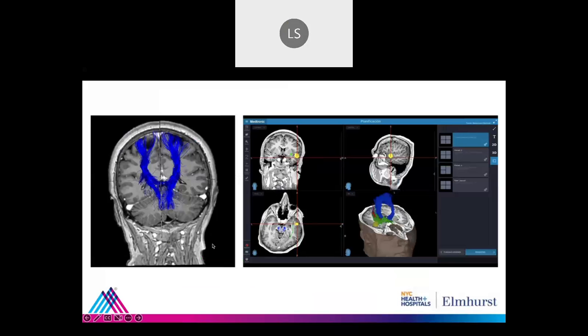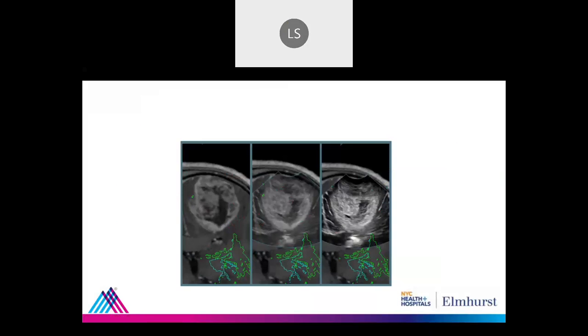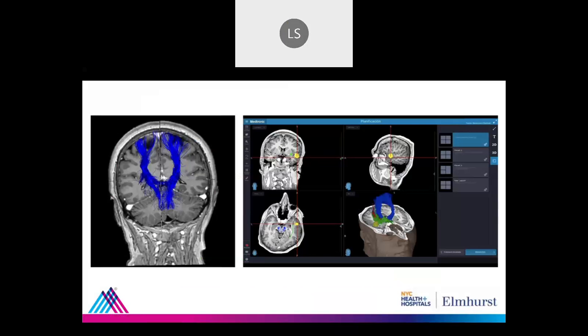Okay. And this is basically a study that we did as part of my PhD. We have this station, and we did the pre-op tractography, the segmentation, and the 3D reconstruction of the tumors.